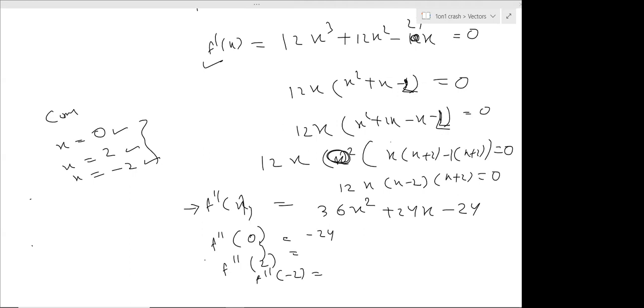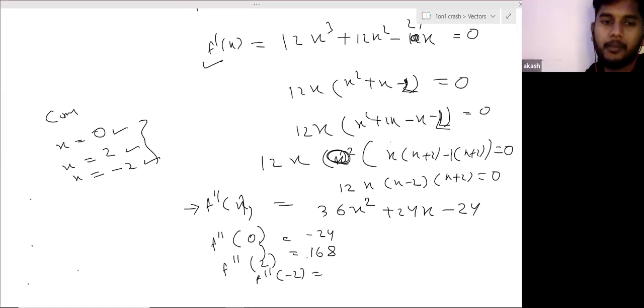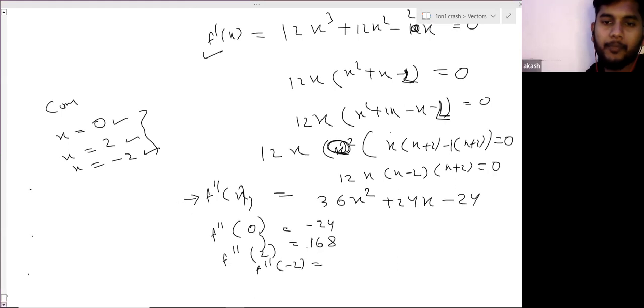Check minus 2: 36 into minus 2 square, plus 24 into minus 2, minus 24.